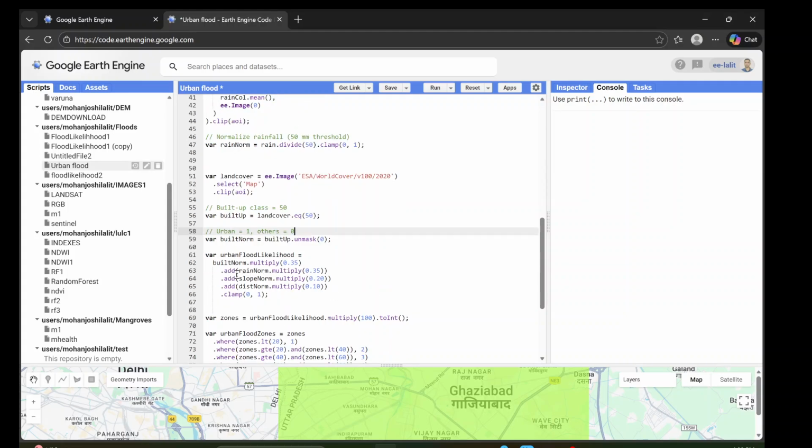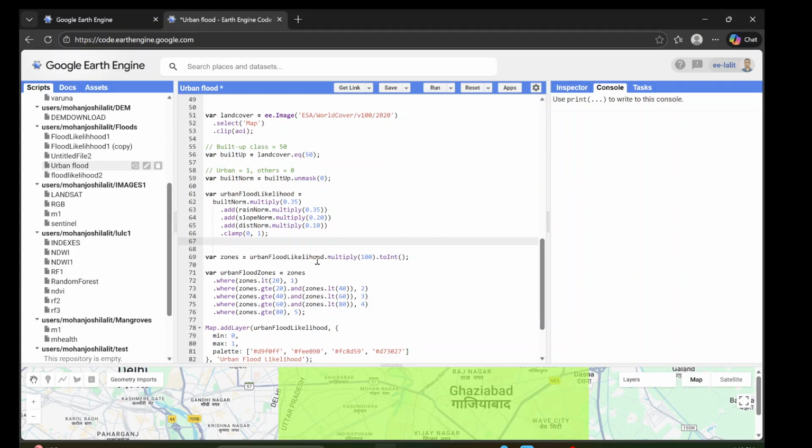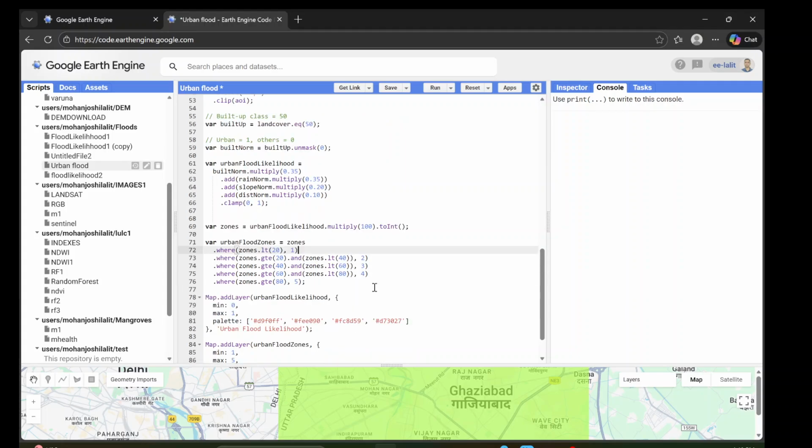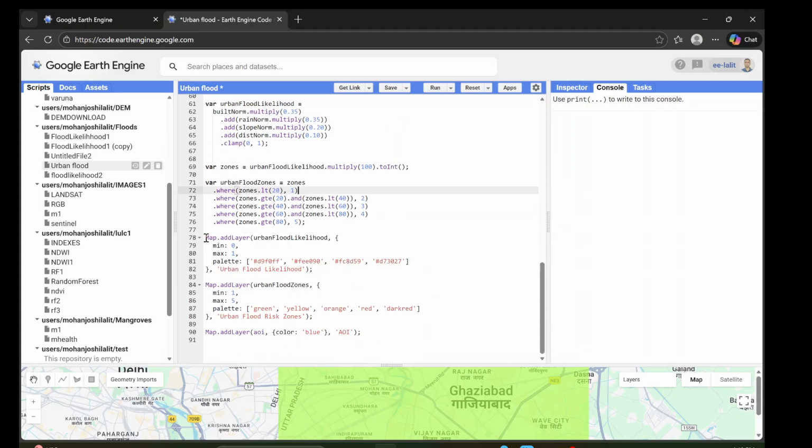Based on that, in the urban flood likelihood we added built-up with a weight of 0.35, or 35%, and added rainfall, slope, and distance, similar to the earlier one. Only this time we included built-up. Then the flood zone: where the pixel value is less than 20, zone 1, otherwise 2, 3, 4. This is simply the visualization.